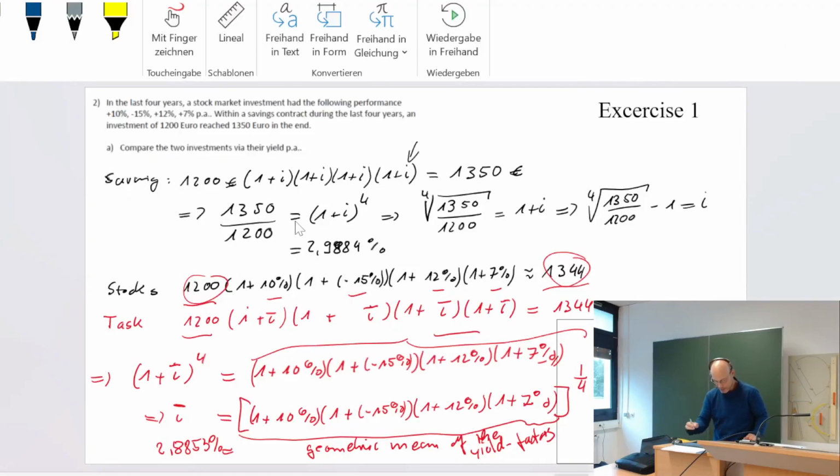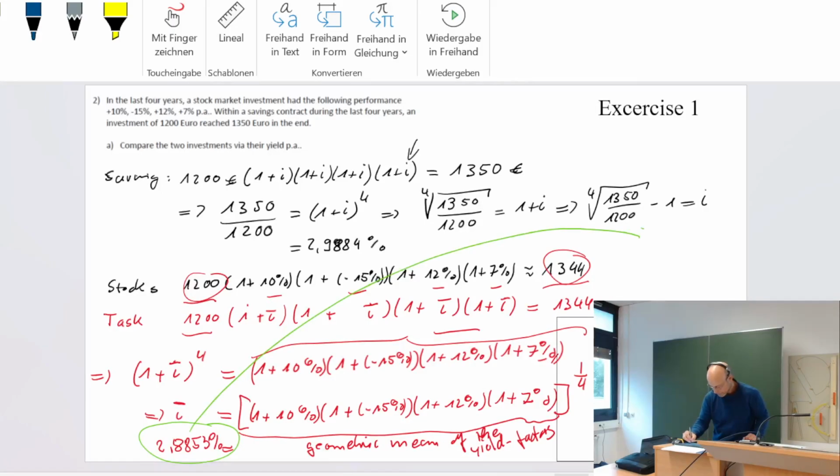let's write this also down here. Be careful, because the average mean is 1 over 4, 10% minus 15% plus 12% plus 7% equals 4%.